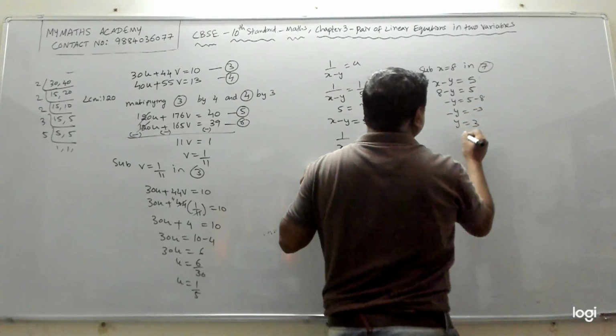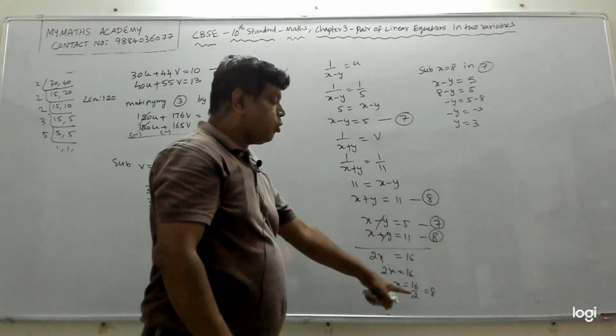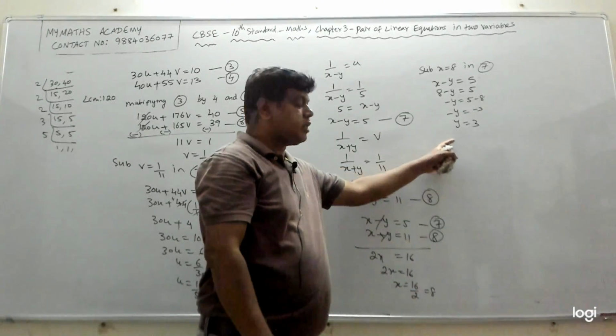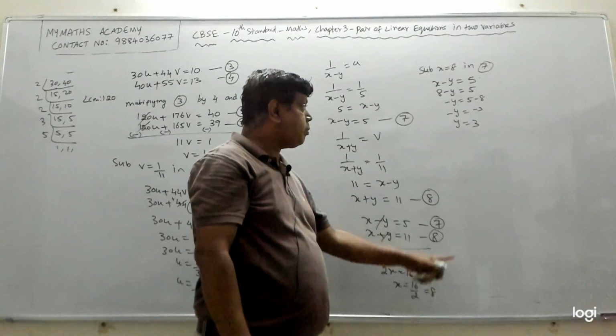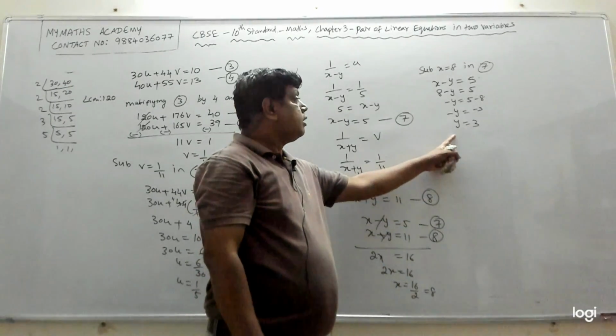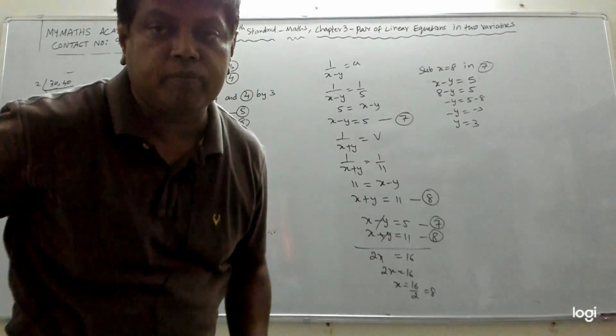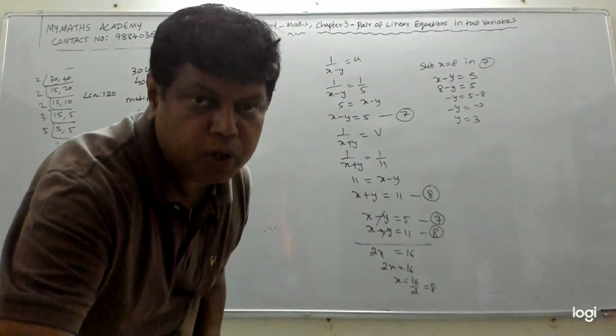So y is 3. So your speed of the boat is 8, and the speed of the stream is 3. Speed of the boat in still water is 8 km per hour. Speed of the stream is 3 km per hour. Fine, so I am stopping here. You can write the statement.